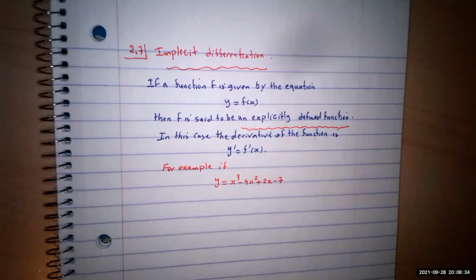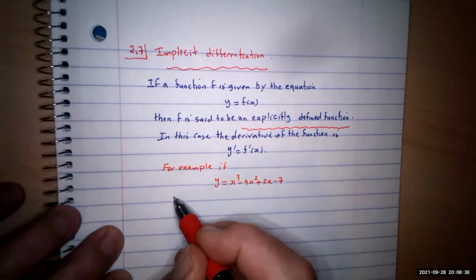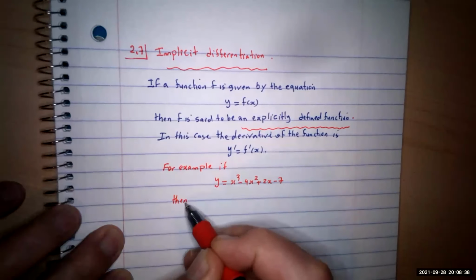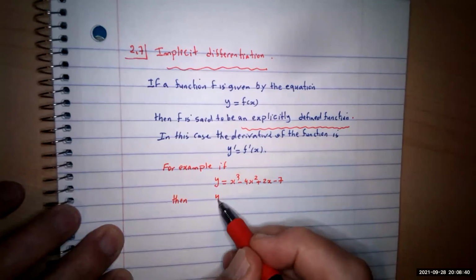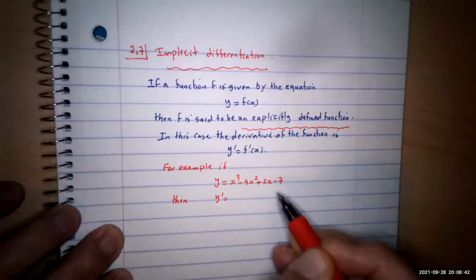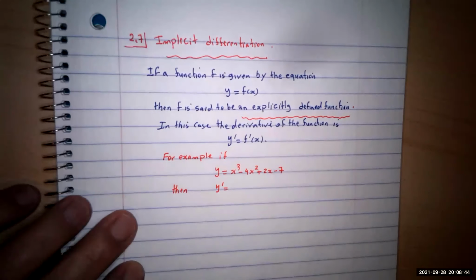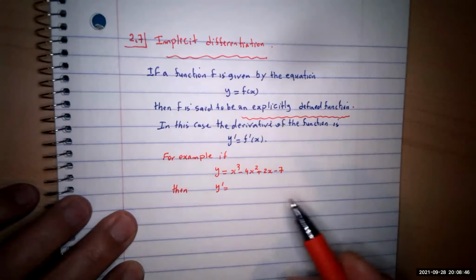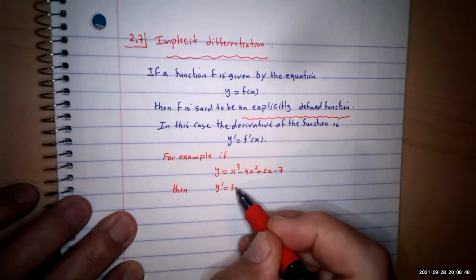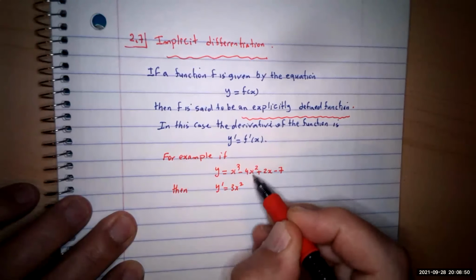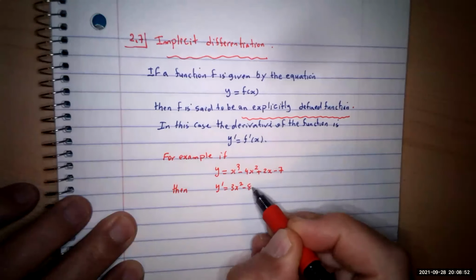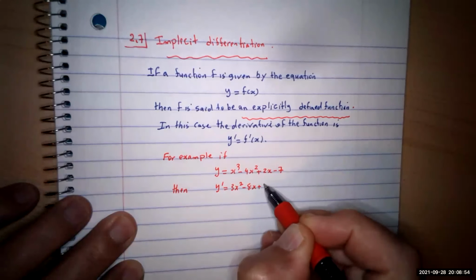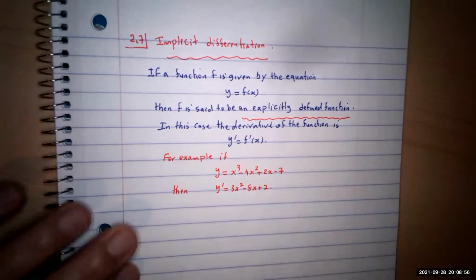We find the y prime. So then what's going to be y prime? Derivative of y would be y prime. And we're just using the power rule to get our derivative, okay? So exponent times coefficient, so that gives us 3x squared minus what? Minus 8x plus 2. That would be the derivative of the function.